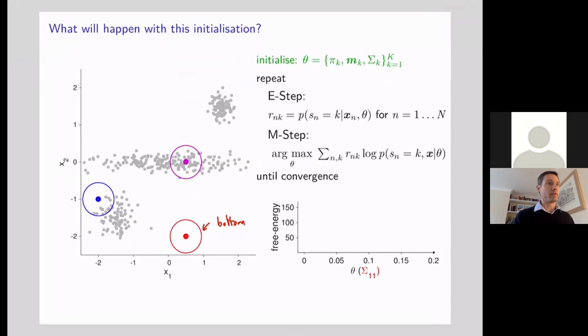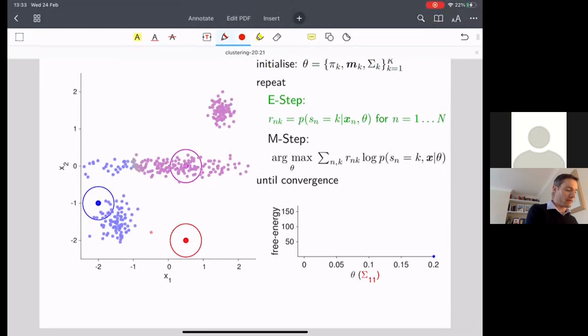Great, so hopefully you paused the video and had a thought about that. If not, here's the spoiler. We're going to kick off the algorithm and run an E step to start with. Notice that instantly things look a bit odd, in the sense that there's a single data point which has high probability under this cluster but relatively low probability under the other clusters.